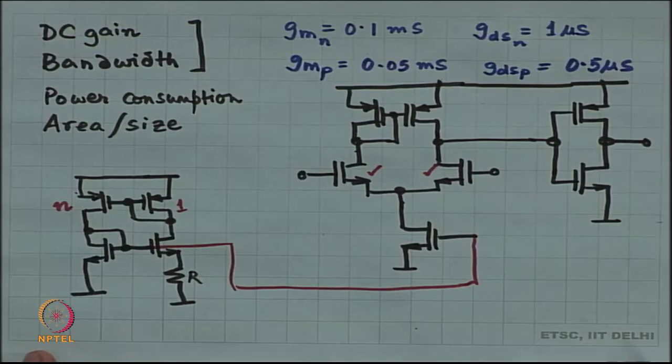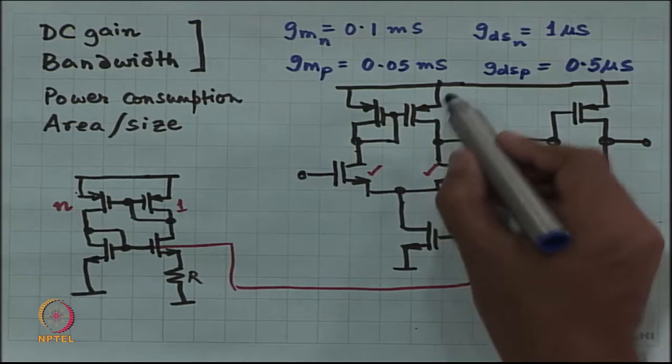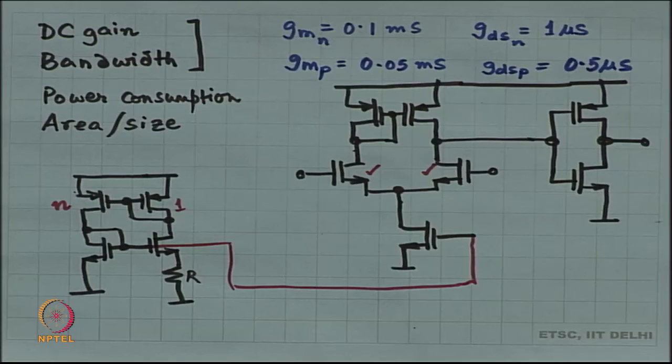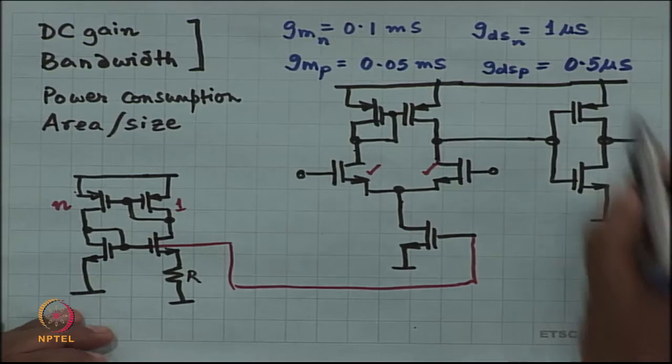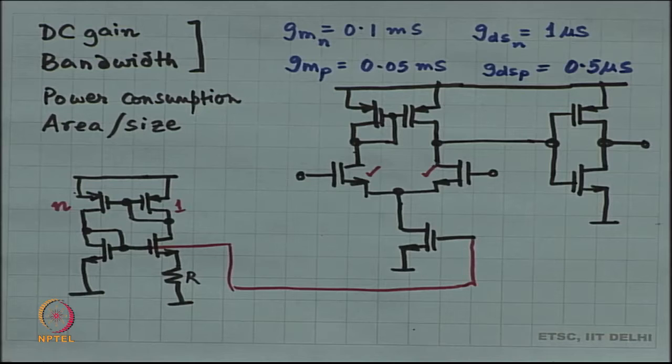Typically what is going to happen is that you want to keep these two of similar order of magnitude, not really necessary, but you can do that. Okay. For example, over here it is not really required, whereas over here it is going to be required, okay, because this is a CMOS inverter.